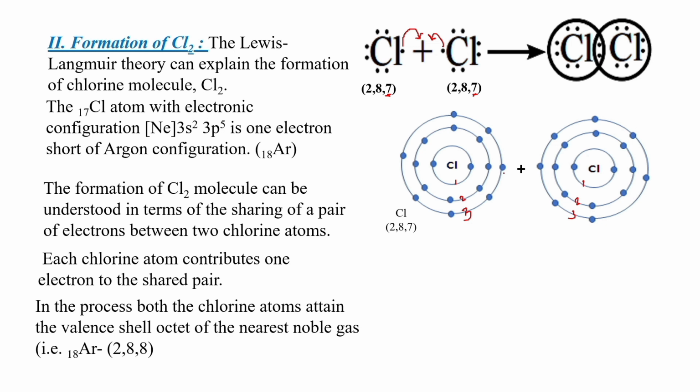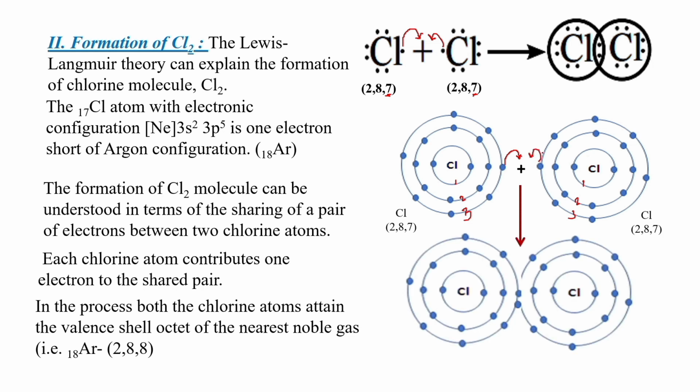For completion of octet, both the chlorine atoms share one electron together, and in the formation of Cl2 molecule, these two electrons lie in between the two atoms of chlorine, and both the chlorine atoms equally claim the two electrons and they complete their octets.